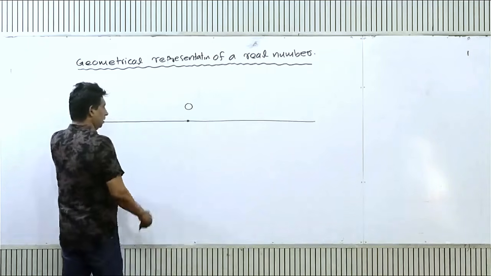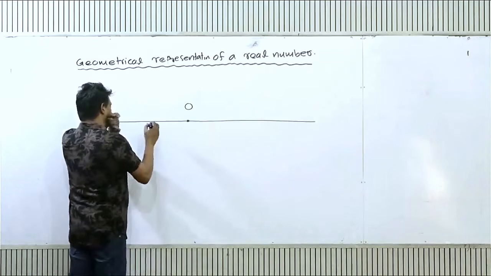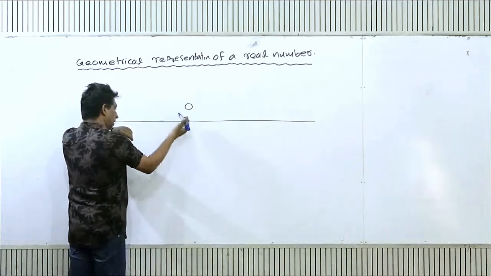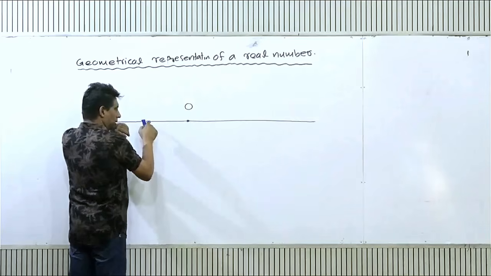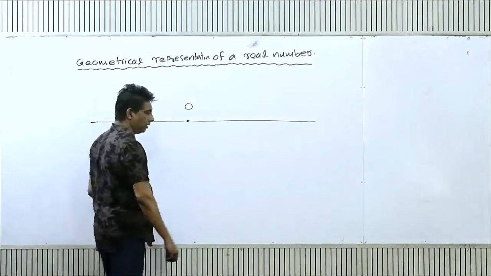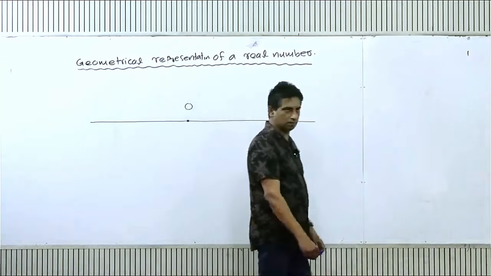And if we mark any point on this straight line, left hand side of this point, that point denotes negative real numbers.